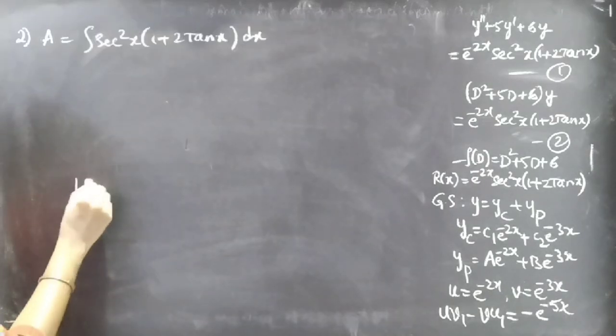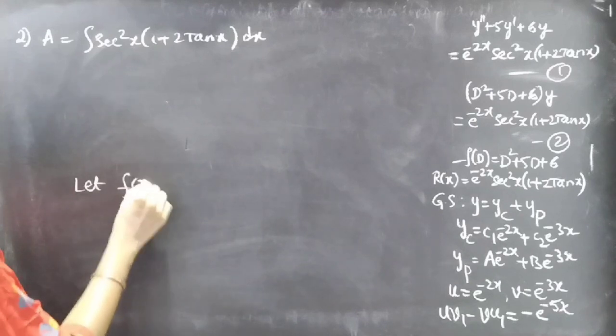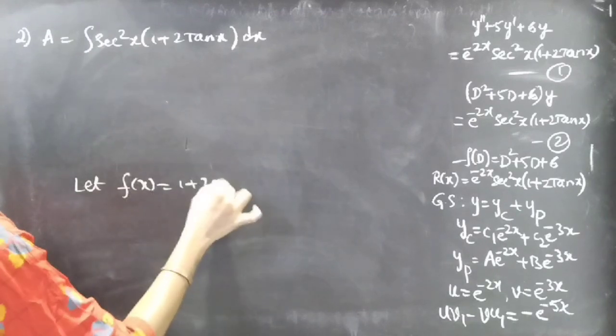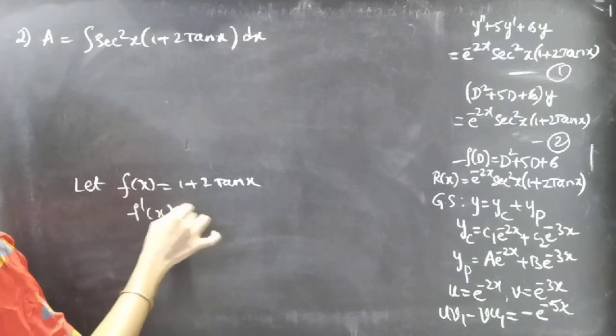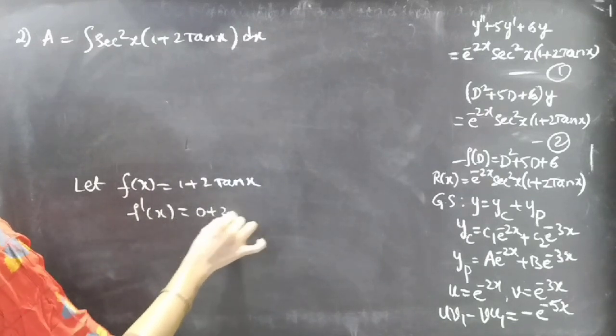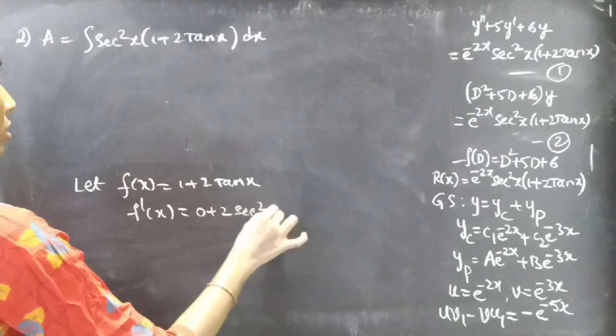Let f of x equal 1 plus 2 tan x, then f dash of x is the derivative of 1 with respect to x, which is 0, plus 2 into the derivative of tan x, which is secant square x.